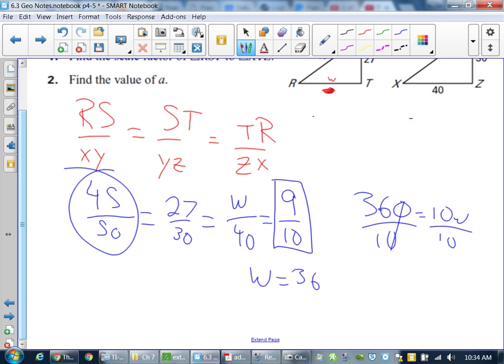Now, the only other thing that I haven't talked about yet is what else you can use scale factor for.